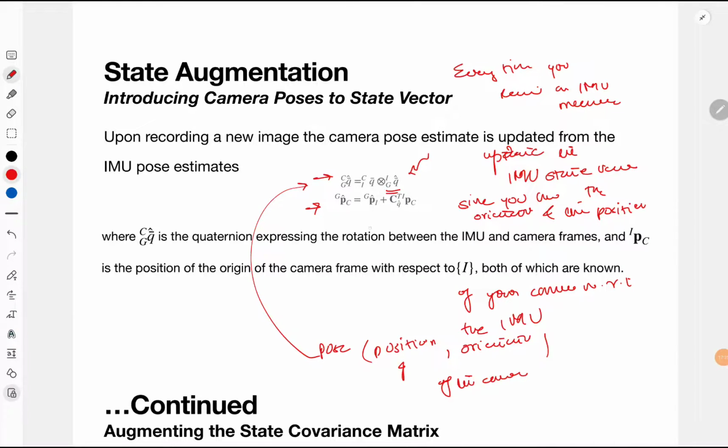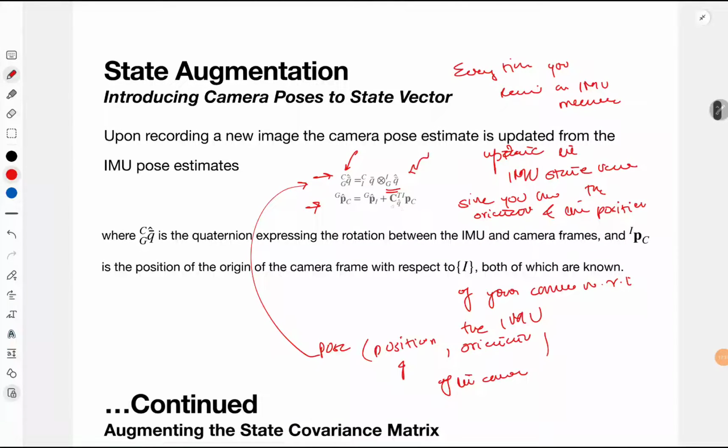You can do this operation, which is, I believe, left quaternion multiplication, to get this. And similarly, this C of q is just the rotation matrix related to the quaternion that propagates the quaternion for the IMU, which is this one up here.